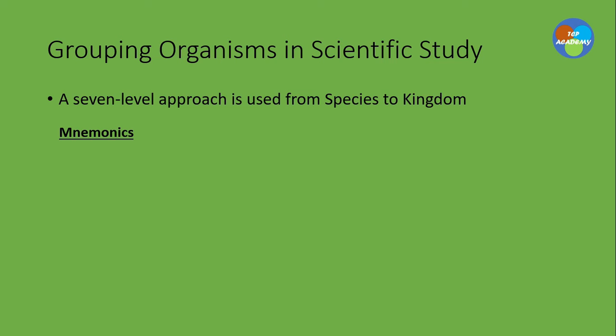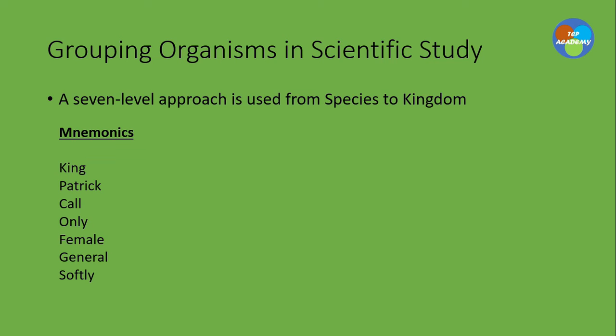Now, there are 7 levels to grouping organisms for your sciences moving forward. And the mnemonic, one might say, is King Patrick calls only female generals softly.